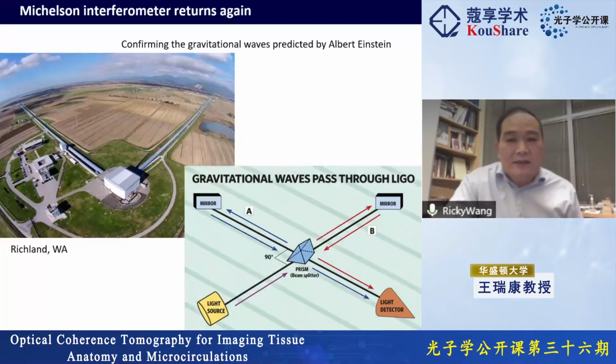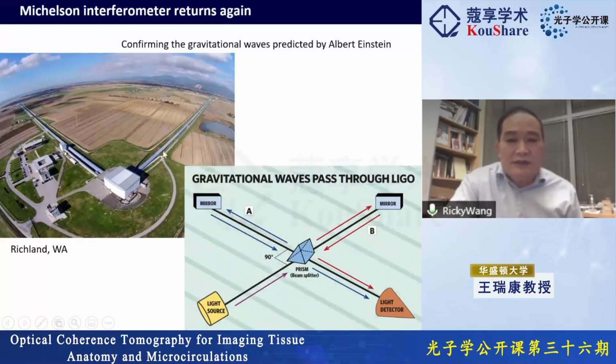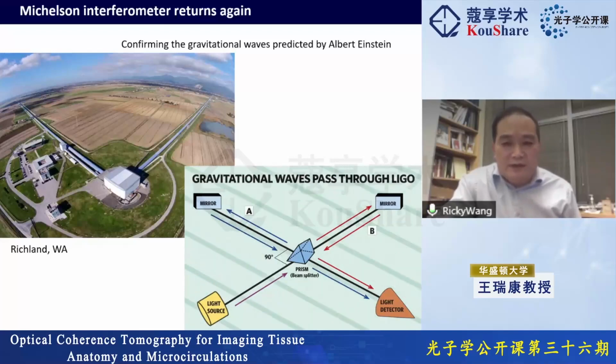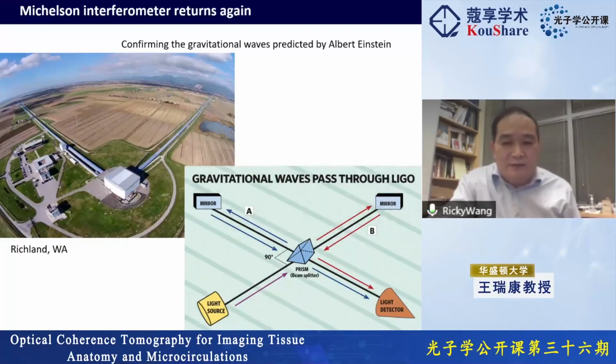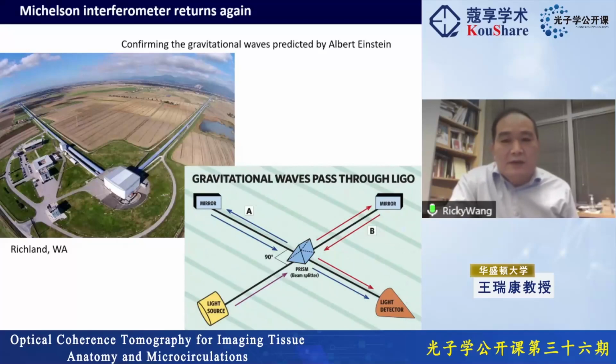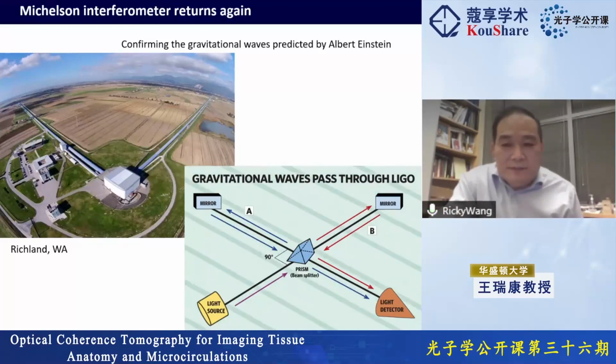And in this giant OCT system, the information they are using to measure the very small vibrations from the universe is the phase information from the microscopic interferometer. Okay, and as you know, this one is the newest Nobel Prize winner that is based on microscopic interferometer.